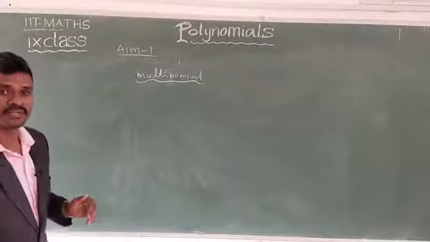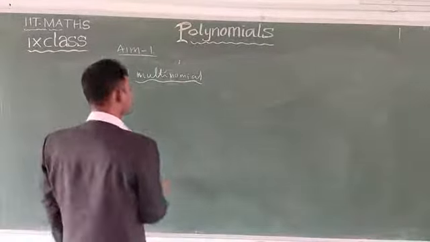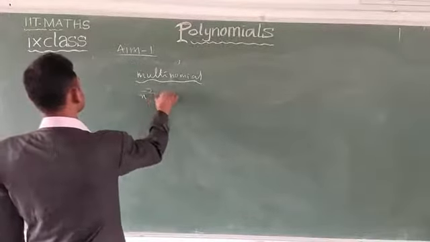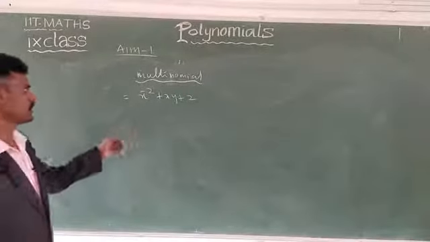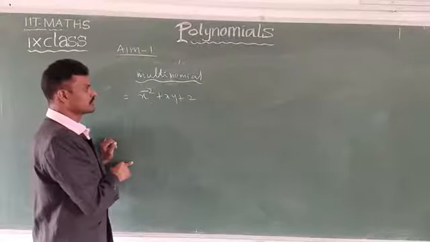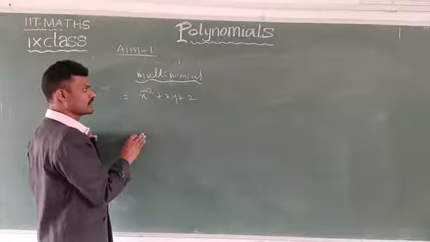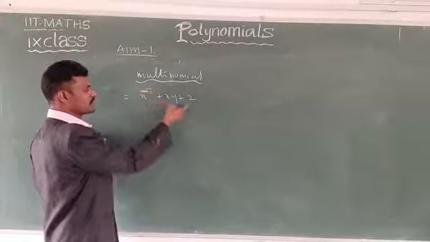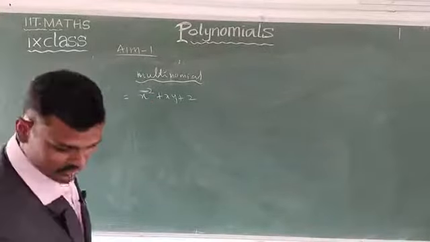All polynomials are multinomials, but all multinomials are not polynomials. How is it? You have to give one example. Here x to the power of minus 2 plus xy plus 2. This is a multinomial. This is not a polynomial. Why? Because its power is negative. All polynomials are multinomials. You can take here plus. This is also a polynomial. At the same time, this is also a multinomial. Two or more terms are called the multinomials.